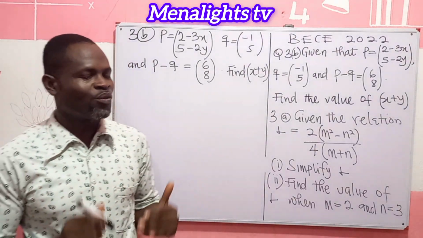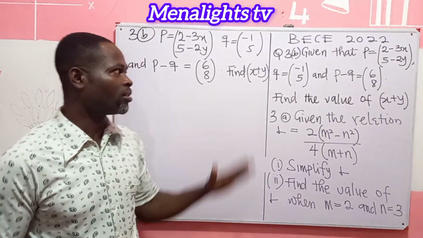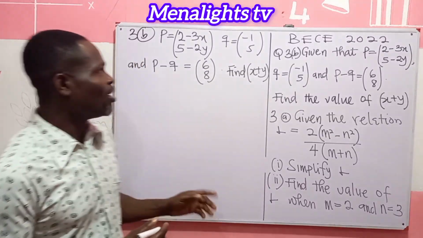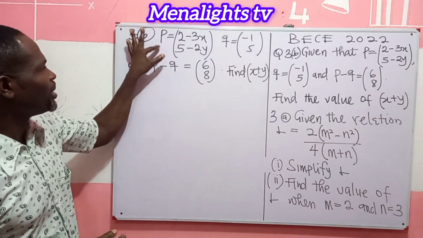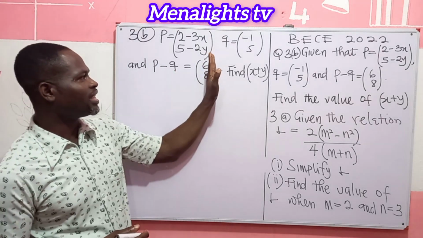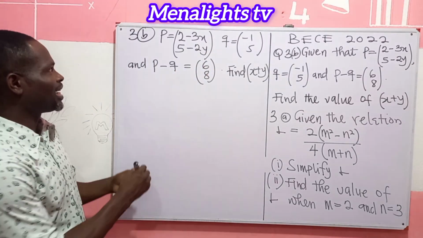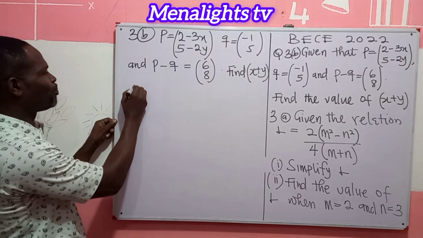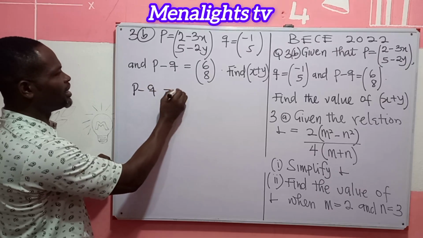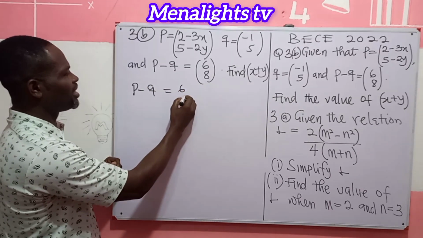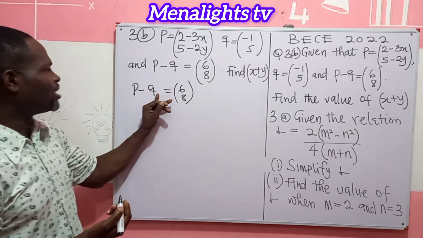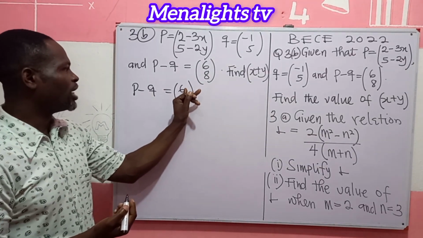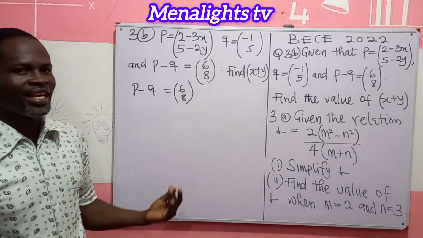Then after that, we add them to know the value of x plus y. Now when you look at the question, it says that when you subtract Q from P, the result that we have is (6, 8). That's what the question is telling us. So when you subtract Q from P, you need to get 6 and 8.